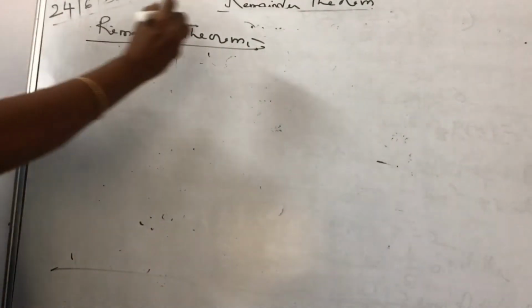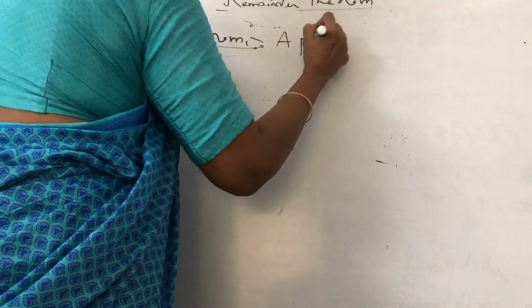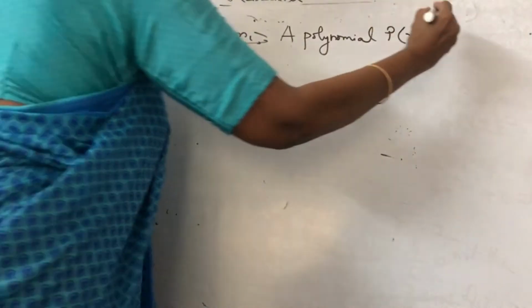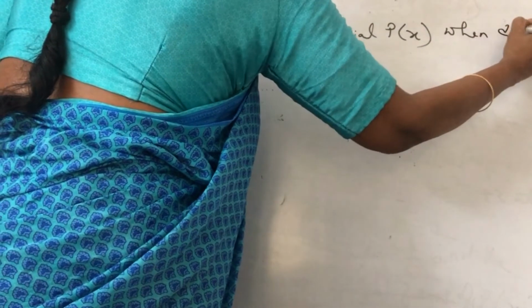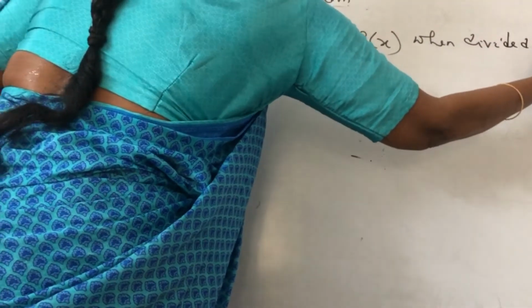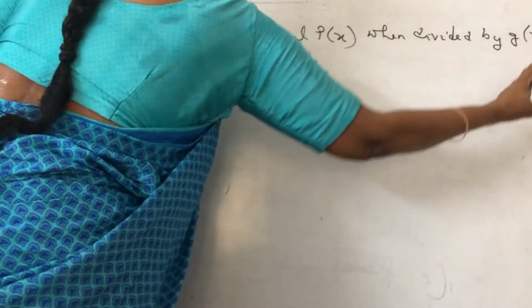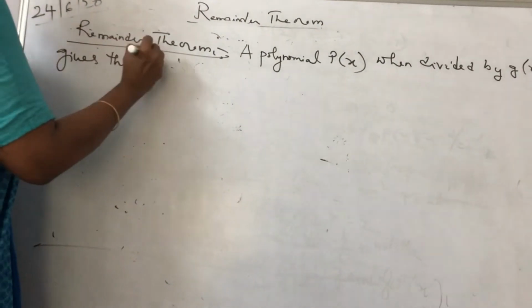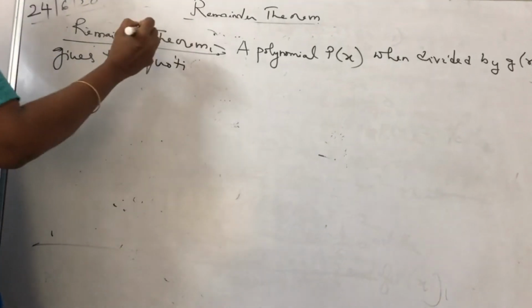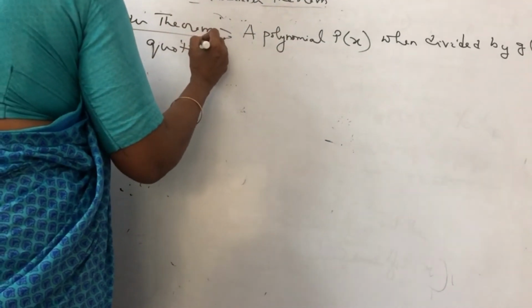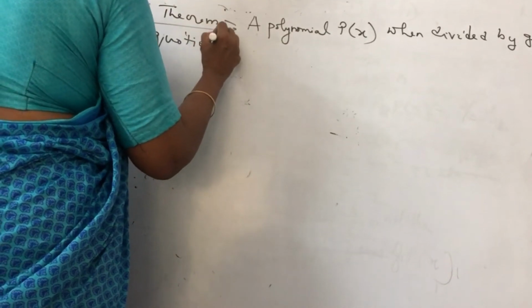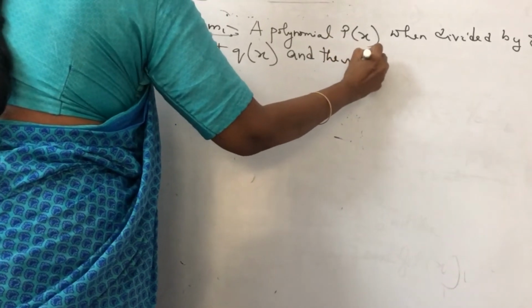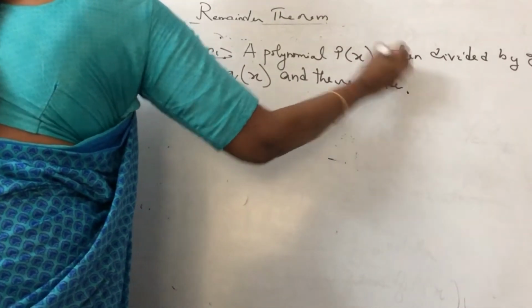State the remainder theorem. A polynomial p of x when divided by g of x gives the quotient q of x and the remainder r of x.